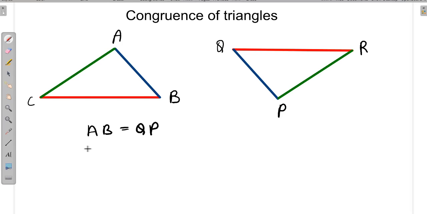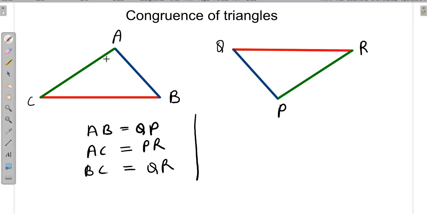So AC is equal to the corresponding side PR. Corresponding is very important. AB corresponds to QP and they are equal, similarly AC corresponds to PR, and BC corresponds to QR. The red lines are corresponding and they are equal.